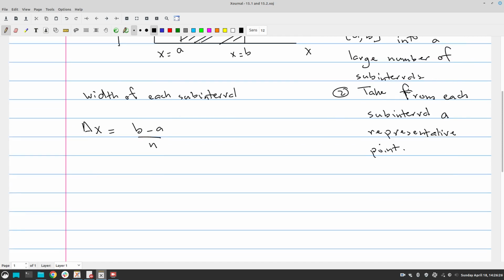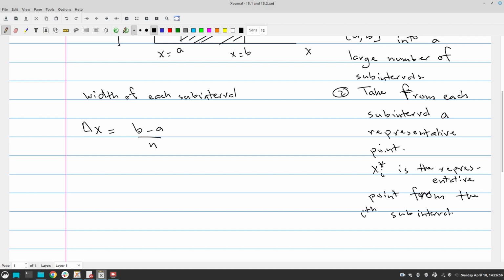For example, xi star is the representative point from the ith subinterval.